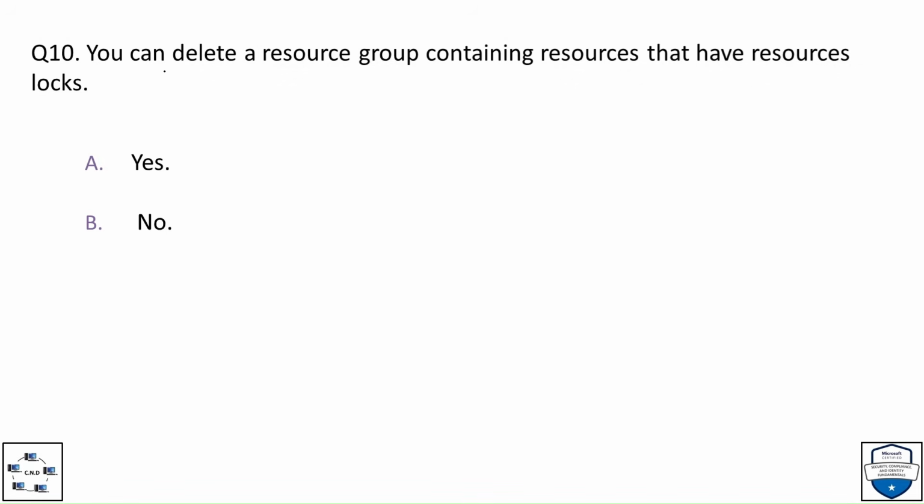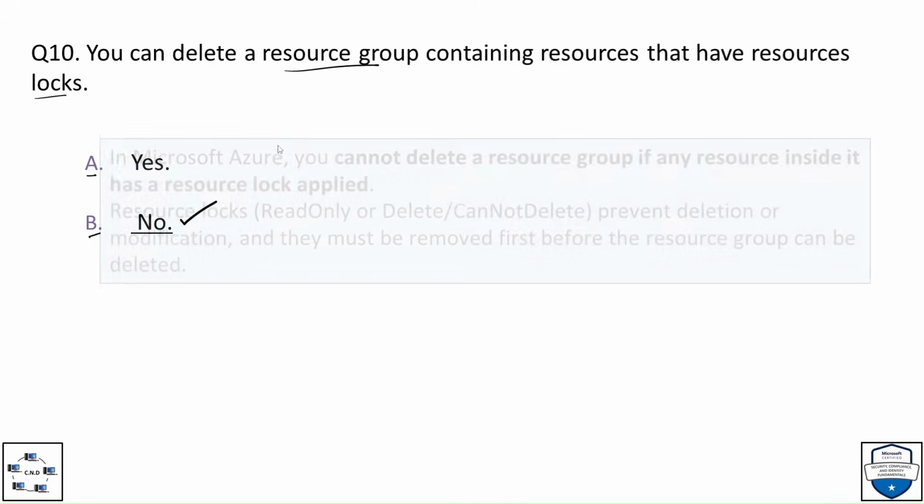Question number 10, you can delete a resource group containing resources that have resource locks. Again, the options are option A yes and option B no, and the correct option is option B no. So you cannot delete a resource group containing resources that have resource locks.